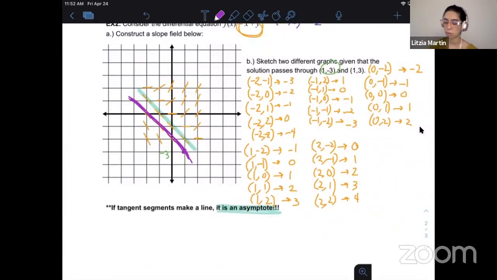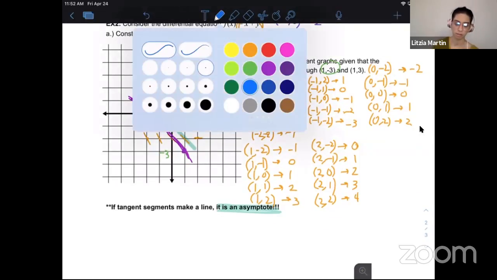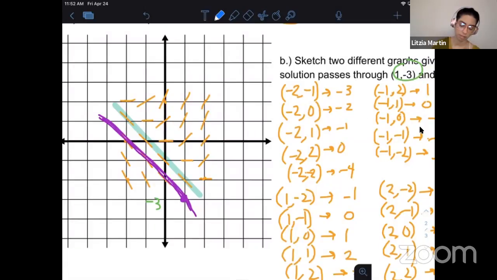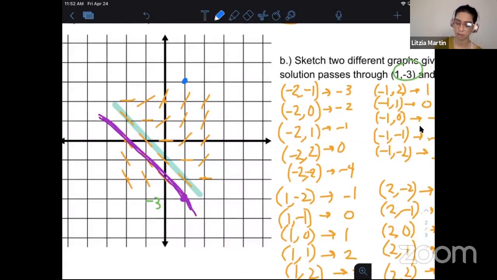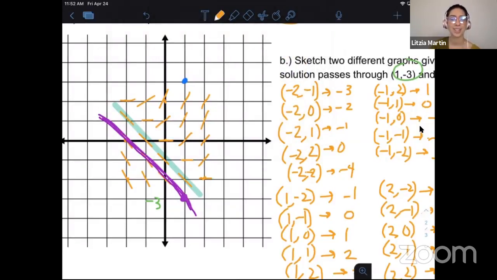And then going through the point (1, 3), of course I tried to do a shortcut and do 2 by 2 and then do the actual problem going up to 3. So the slope here would be +4. So it'd be really kind of steep like that.